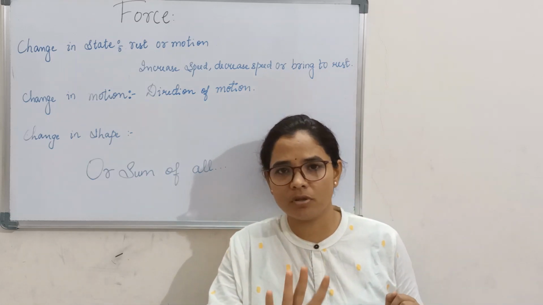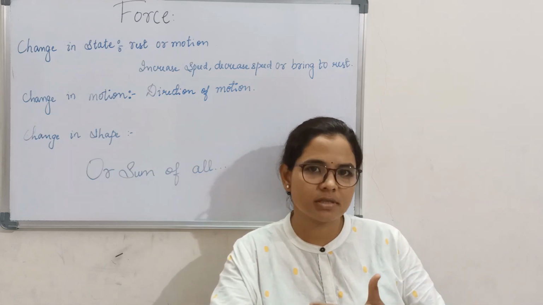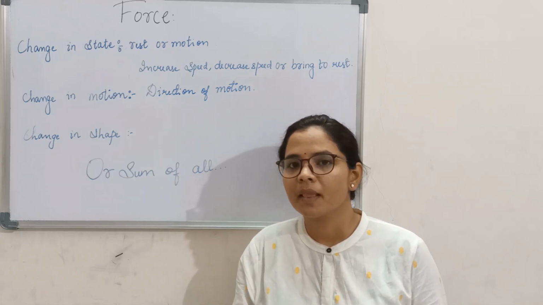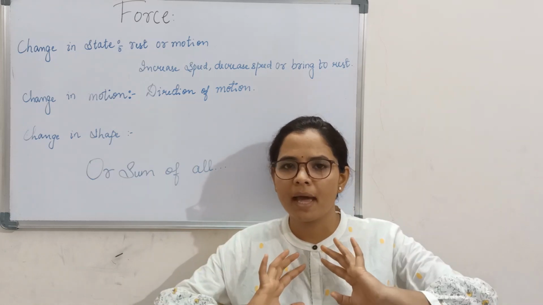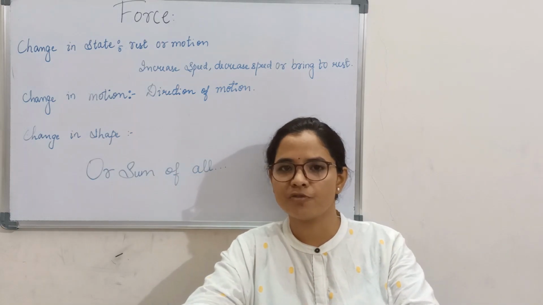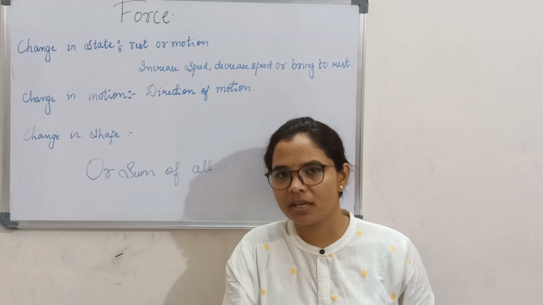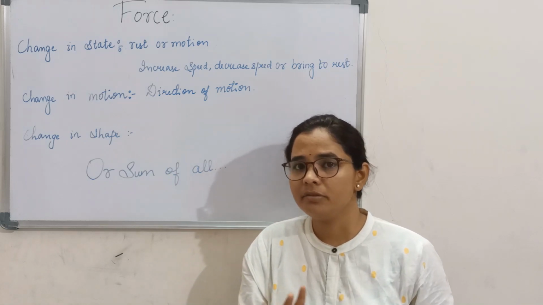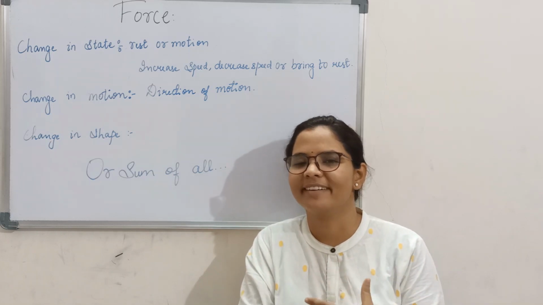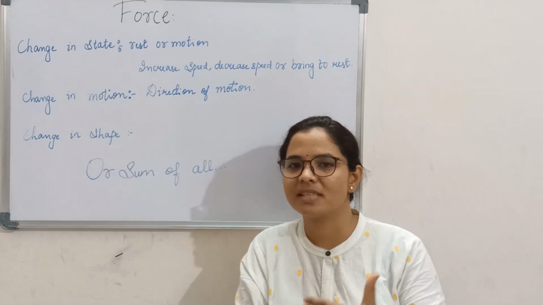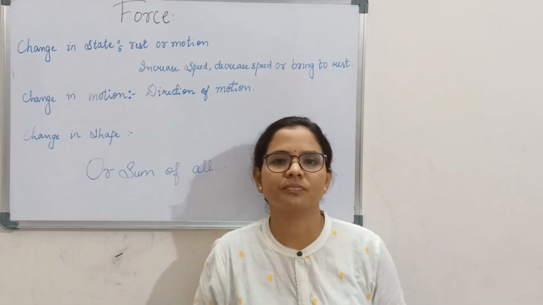In the fourth case, if the box is already moving by itself by some electronic process, and both of you are trying to apply the force in the same direction as that of the box moving, how will the box respond? And in the fifth case, if both of you or a single person is trying to apply the force in the opposite direction to that of the box moving, how will the box respond?